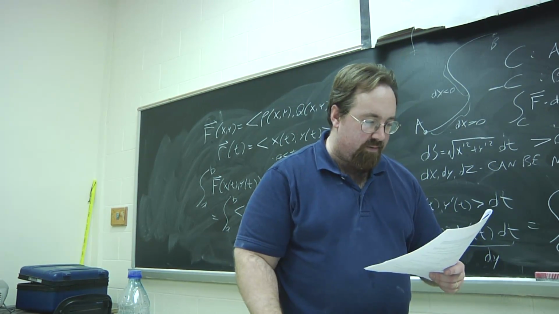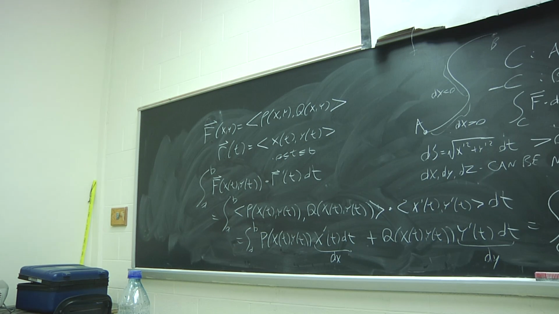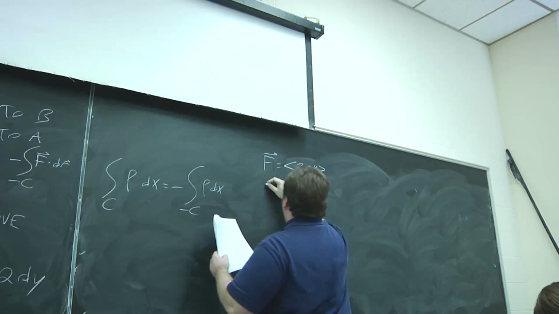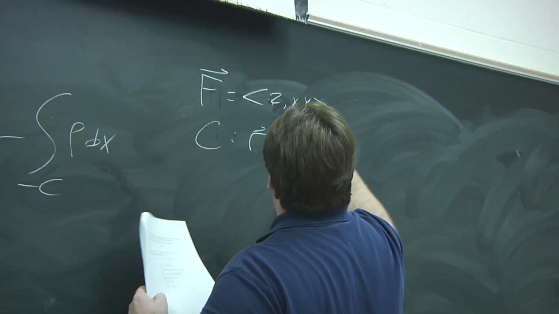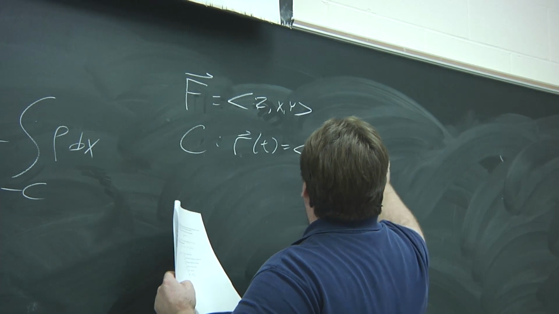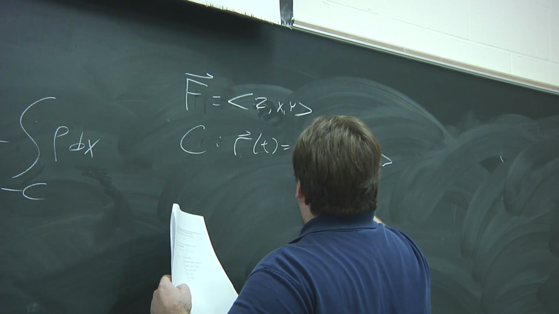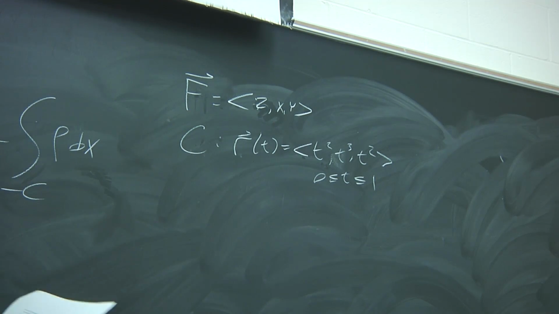Now take a look at this vector field, z, x, y, and our curve C, t squared, t cubed, t squared, where t goes between 0 and 1.